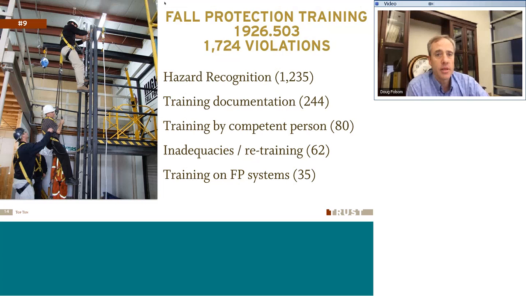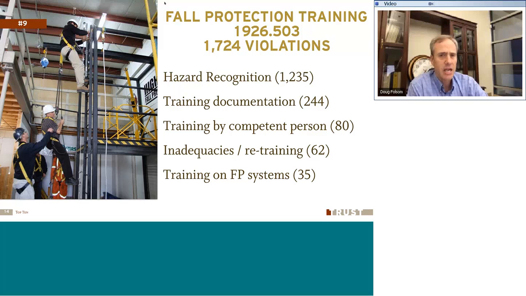The next most common thing we see for OSHA violations is fall protection training. They broke this out separately, because I know we had fall protection as #1, but in the documentation I found, they listed this training requirement totally separate.